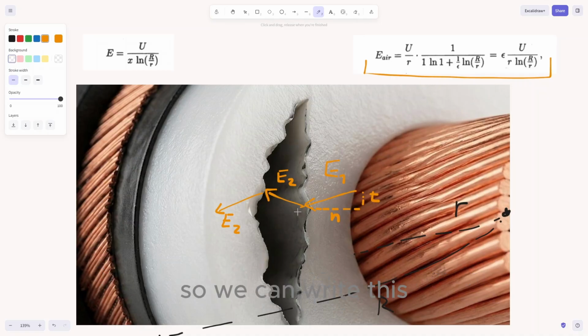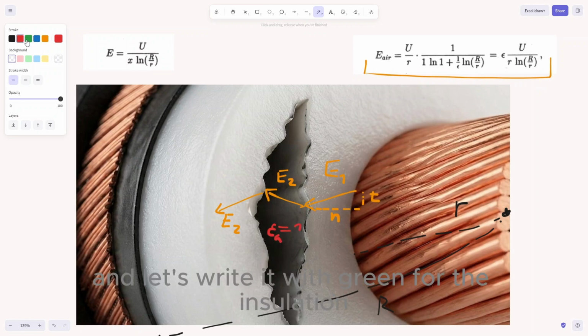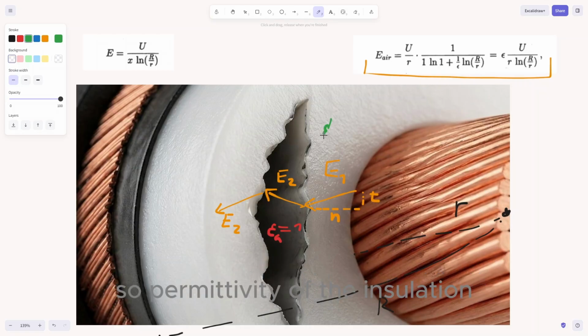So we can write this. Let me first write the actual permittivities. The permittivity of the cavity, let's assume that it's air, then it's 1, and A for air. And let's write it in green for the insulation. So the permittivity of the insulation, assuming that it's an XLPE cable, would be 4.